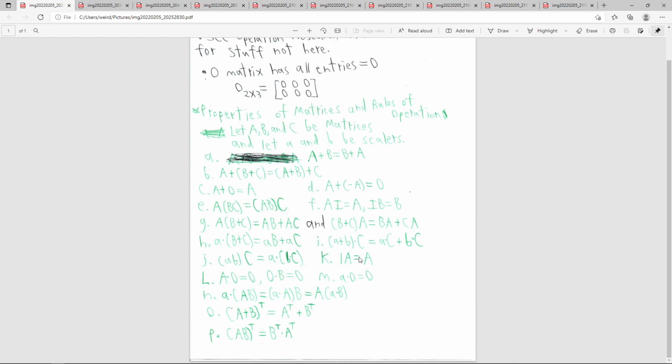We have 1 times A equals A, 0 times A equals 0. Some basic ideas here. Normally you wouldn't have all these written out, but it's nice to look at briefly at least.